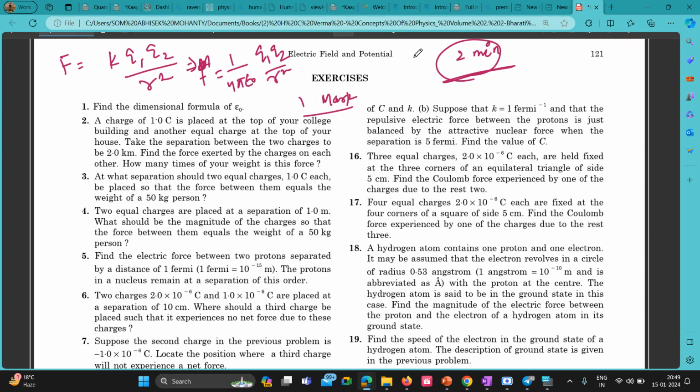Now if I take epsilon naught to this side, epsilon naught is equal to 1 by 4 pi F into Q1 Q2 by R square.